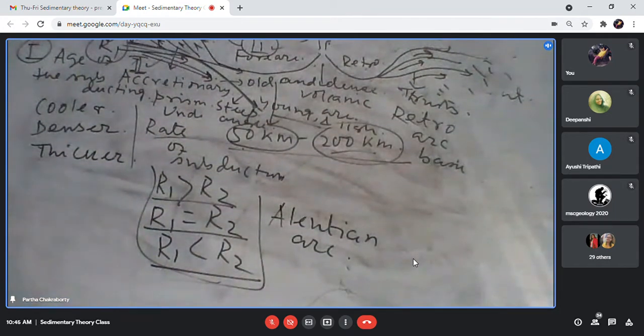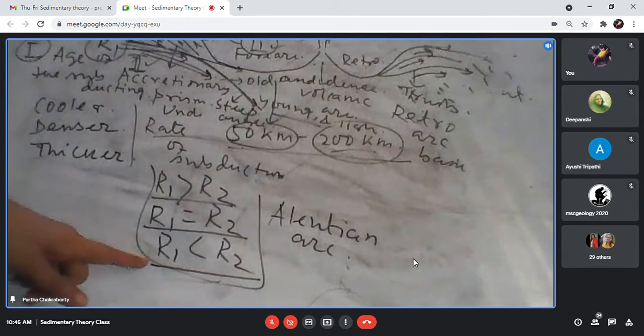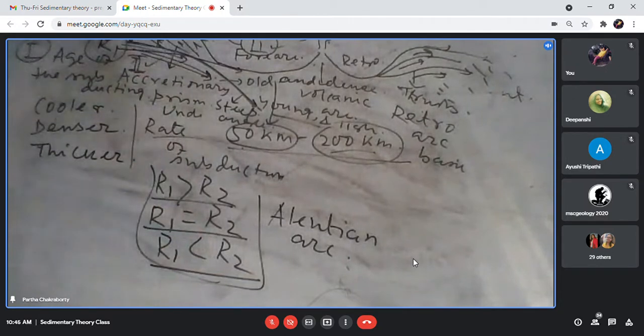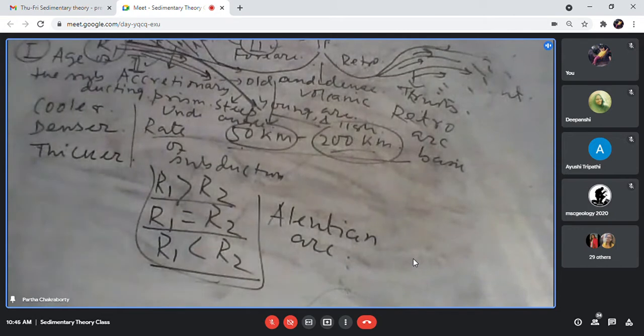This is called a retro arc basin. So this has become a compressional zone now, because your R1 is lower than R2, so it will obstruct. It is not going down, it will obstruct, and it is trying to push, but it is obstructing. So at the back, the compressional regime will form.